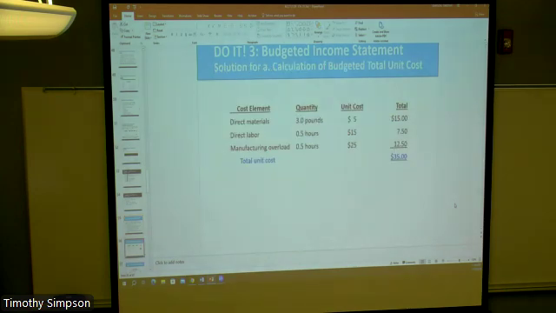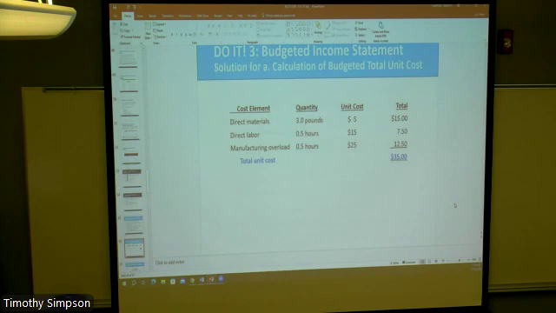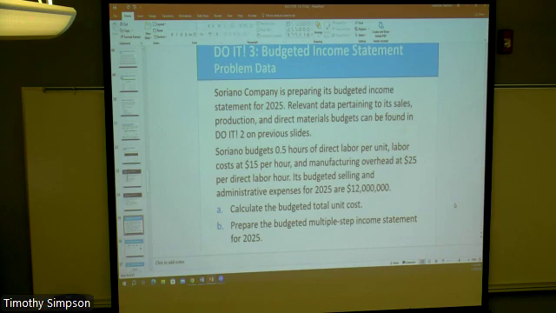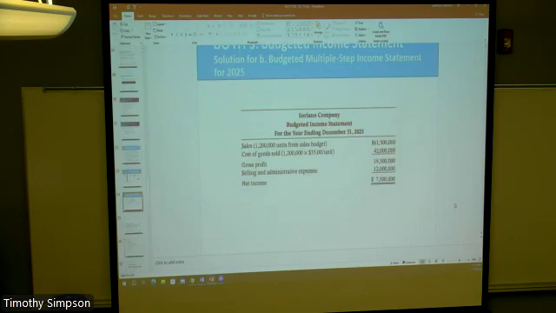So taking the information given, direct materials, 3 pounds at a cost of $5 per unit. Direct labor, remember, is 1/2 hour at a cost of $15 per hour. And the figure for manufacturing overhead is $25 per unit and 1/2 labor hour. So as a result, $35 is the unit cost.